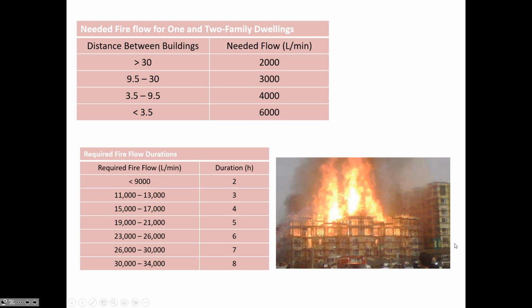The distance between buildings is another one of these factors that can really affect the amount of fire flow. If you have a distance of more than 30 meters between buildings, then the fire flow could be 1/3 of what's required if the buildings are less than 3.5 meters apart.